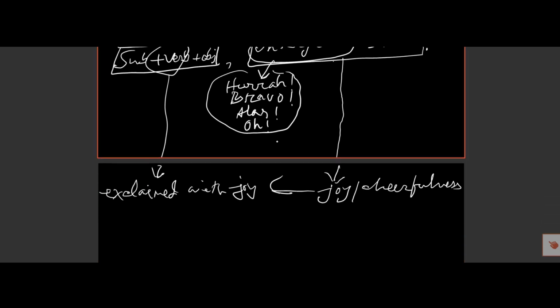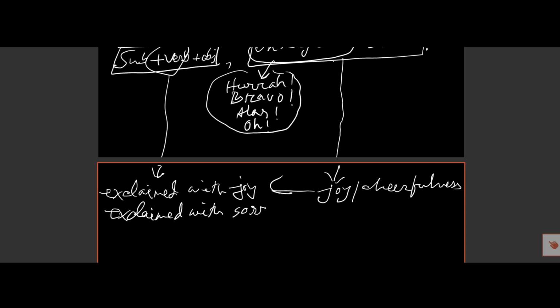So if there is an interjection of sorrowfulness, the reporting verb here will be exclaimed with sorrow. Sorrowfulness, exclaiming with sorrow. This is the structure.